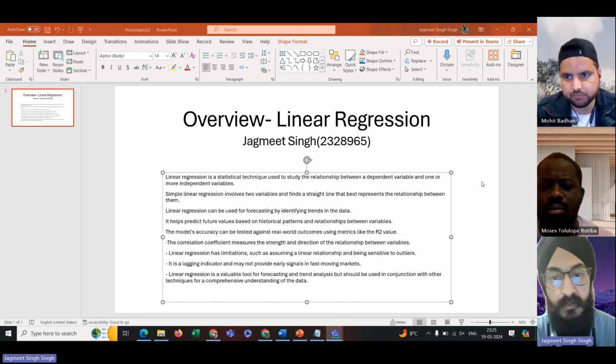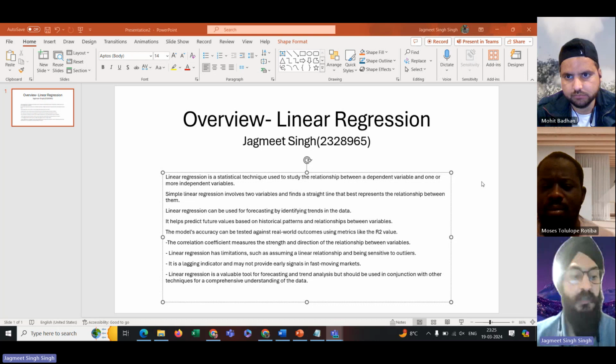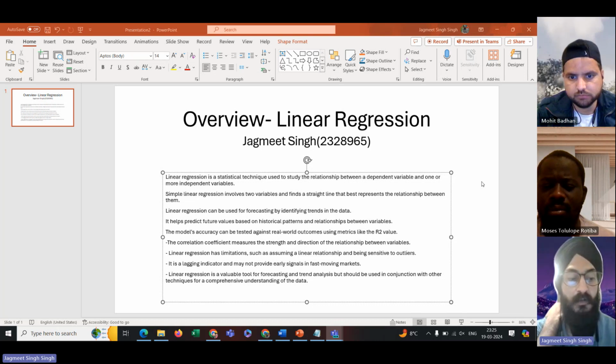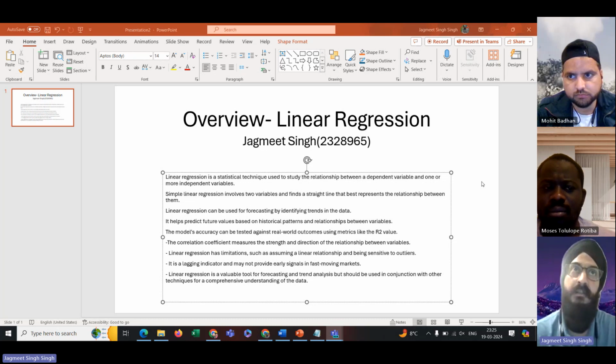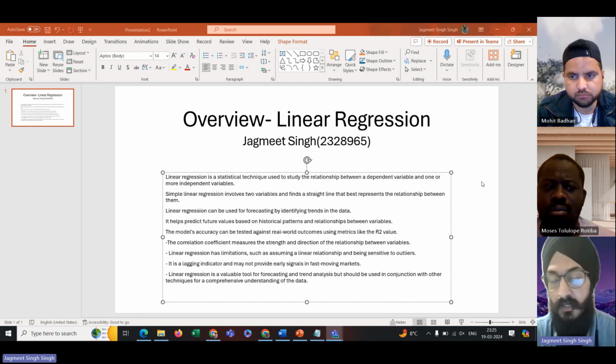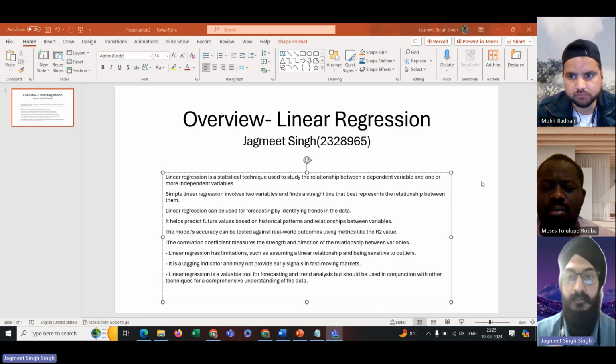We use metrics like the R2 value to measure how well our model fits the data. The higher the value of R2, the more accurate the prediction. If we see the scatter plot chart on our Excel sheet, which my teammates are going to present in their recording, we can see if the data is scattered on the scatter plot from the best fit line.